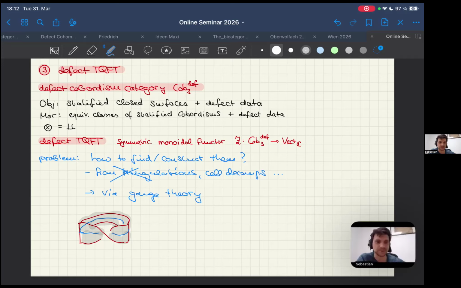I wanted to ask, governing all the additional data you have on the manifold seems a quite technical task. Is there some additional structure which can do this for you, or organizing this data? Yes, and dealing with all of these additional data, especially. That's the second part of the talk, how to organize this. I see.